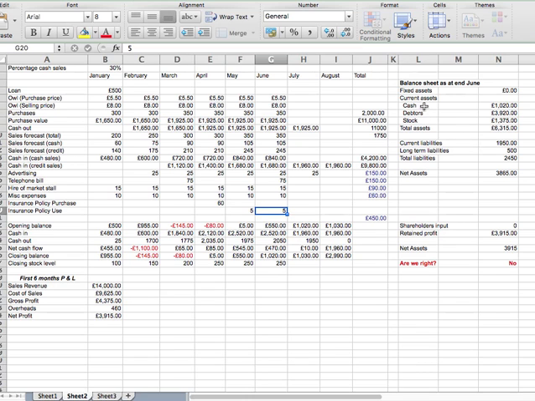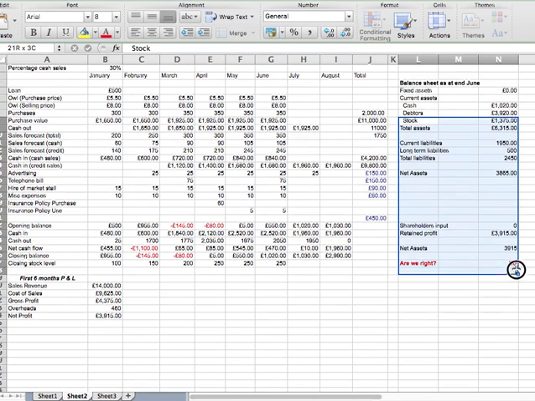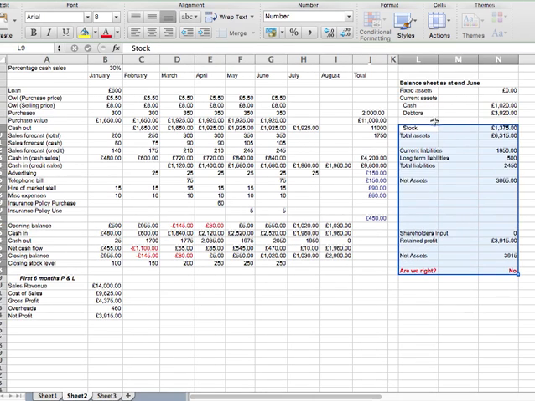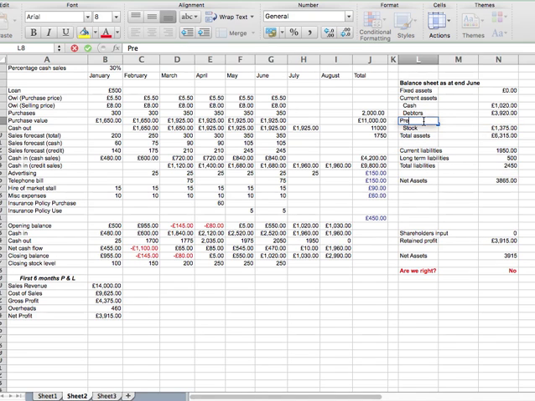So let's take a look up here. The three types of cash, debtors and stock. We actually can add in prepayments now. So I'm just going to add a line in here by dragging those down one. I'm going to put prepayments in there, and the prepayment amount is the 60 minus the 10 we've used up here, so it's 50.